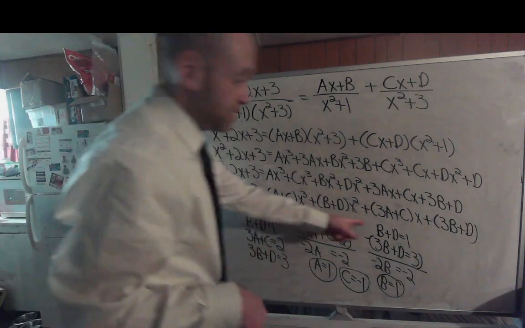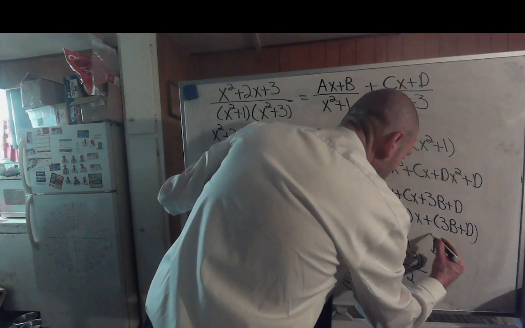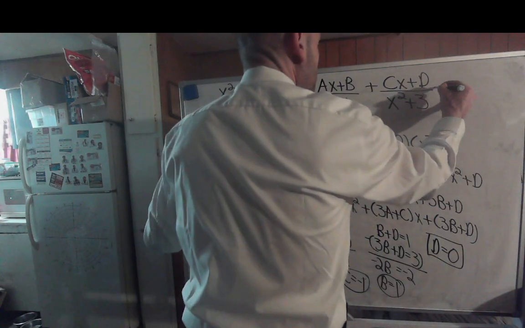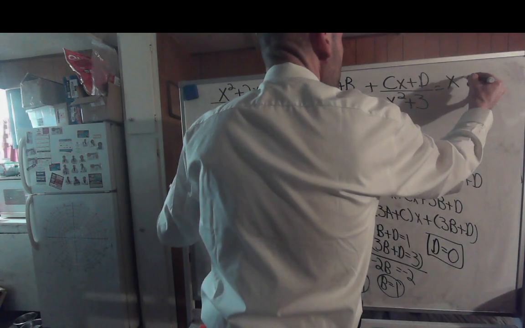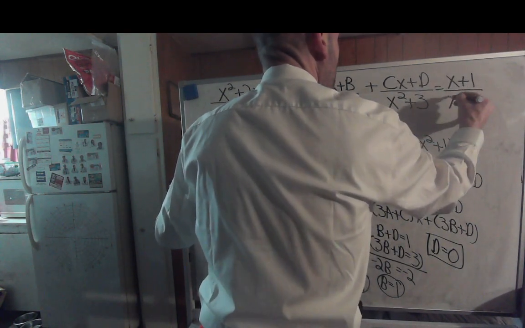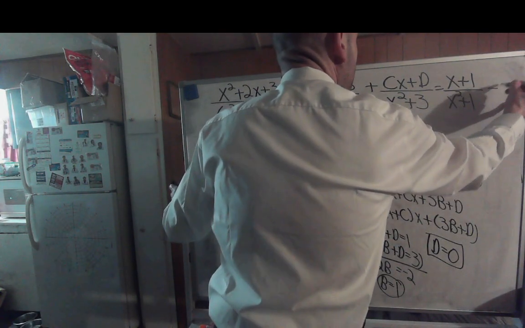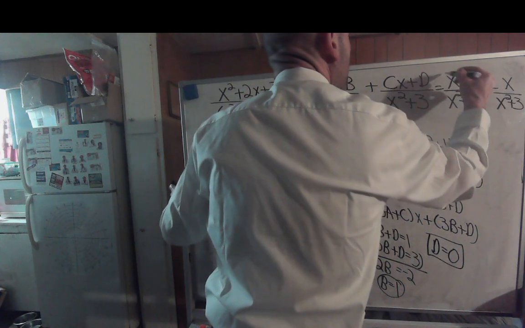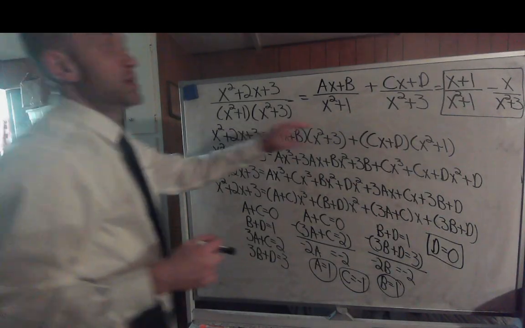If I put it into the top equation, I'll get d equals 0. So I actually get nowhere for d. I'll have a d value of 0. But I at least now have my partial fraction decomp, which would end up being x plus 1 over x squared plus 1 minus x over x squared plus 3. And then there is my partial fraction decomposition for the original fraction.